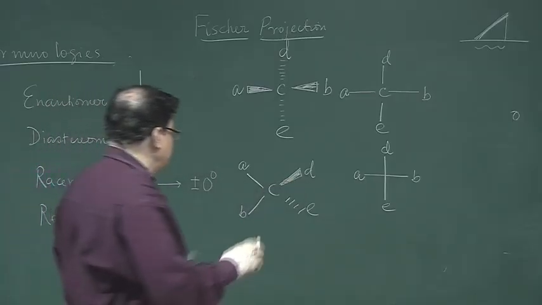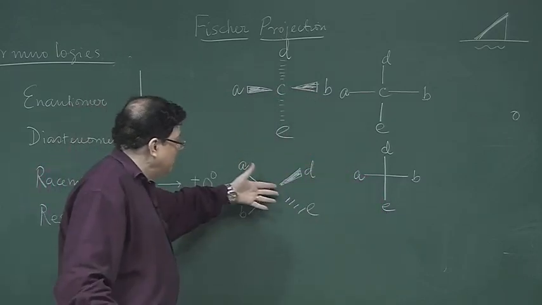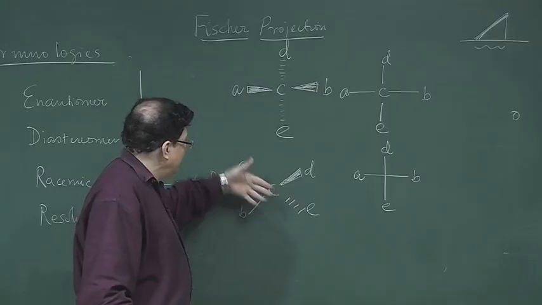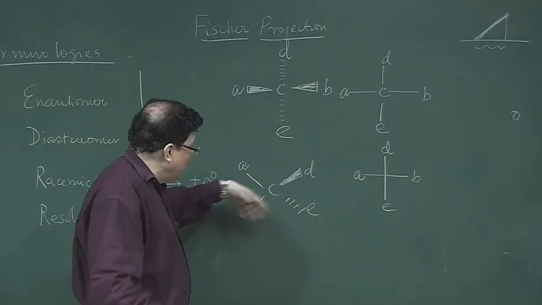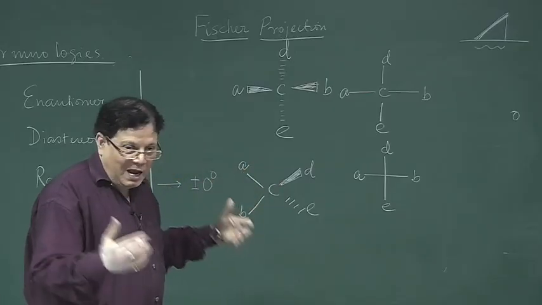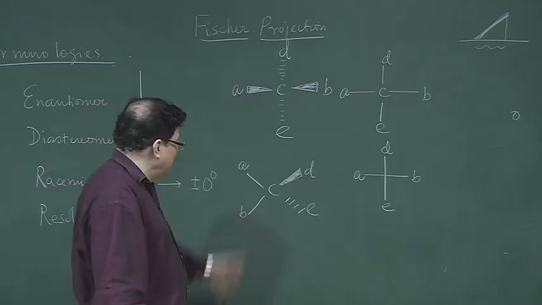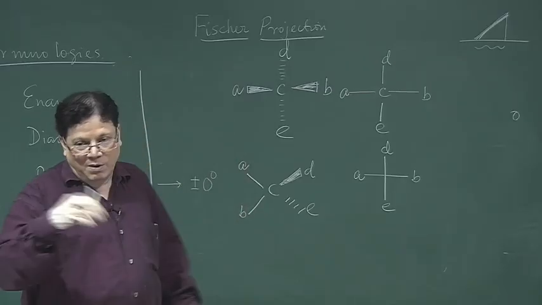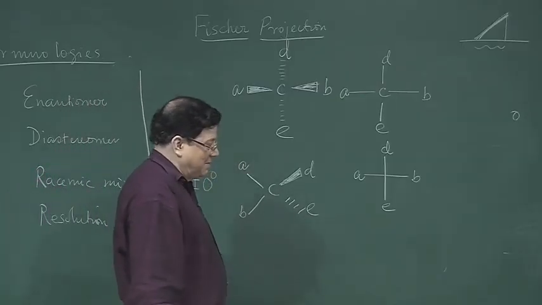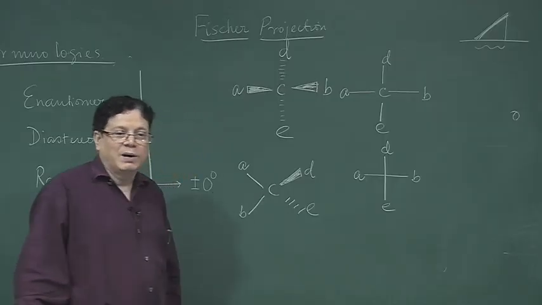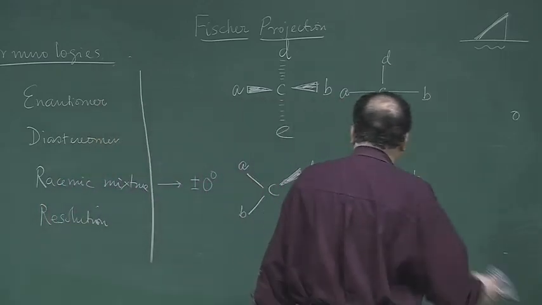Now, if I stand in front of this molecule, it is not projected according to the Fischer projection, because in Fischer projection two bonds have to be towards the two hands in the horizontal direction, and the other two bonds should be away from the observer and along the vertical axis, but this is not drawn in such a way. So, how do we now convert this into the Fischer projection? There are several ways you can do it.